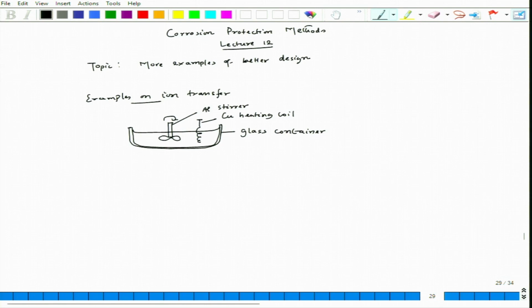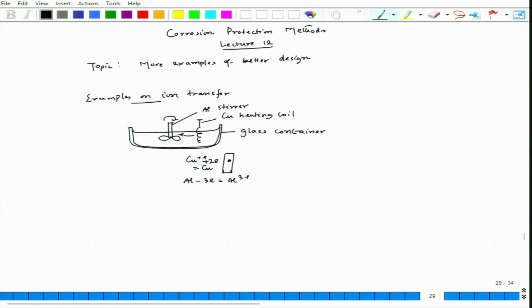Since the copper heating coil is there, there could be copper ion formation. So, we can have copper ion, and this copper ion can migrate from here to there, and it can deposit on the aluminum surface. Here it can deposit by taking 2 electrons and going to copper, and during that process aluminum can leave 3 electrons and go to aluminum 3 plus.